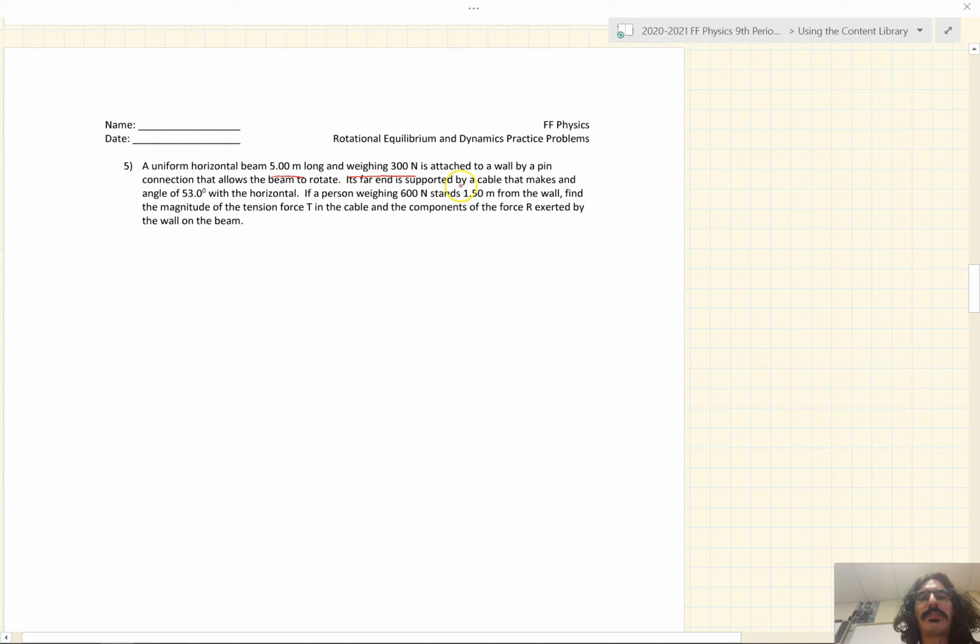Its far end is supported by a cable that makes an angle of 53 degrees with the horizontal. If a person weighing 600 newtons stands 1.5 meters from the wall, find the magnitude of the tension force T in the cable. We're going to skip the last part of this.